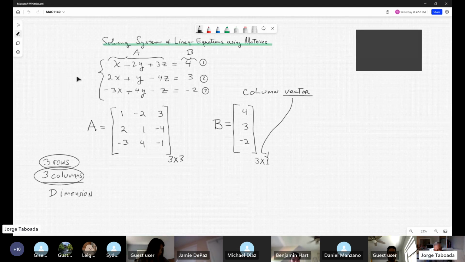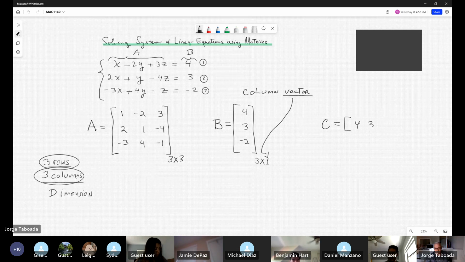Likewise, we have another vector, suppose C, not in this example, another example can look like this, for example, 4, 3, and negative 2. The dimension for this vector is 1 by 3, because this vector, or this matrix, sorry, has 1 row and 3 columns.